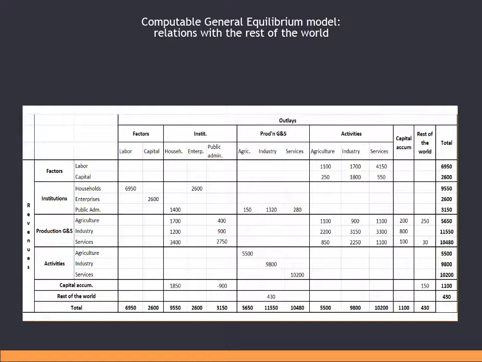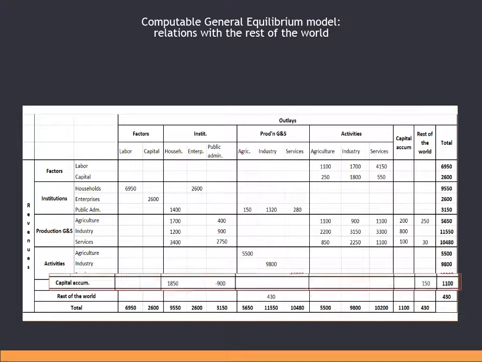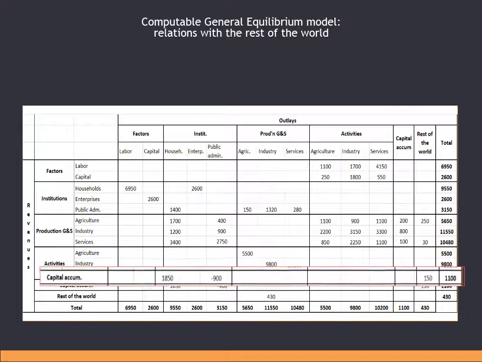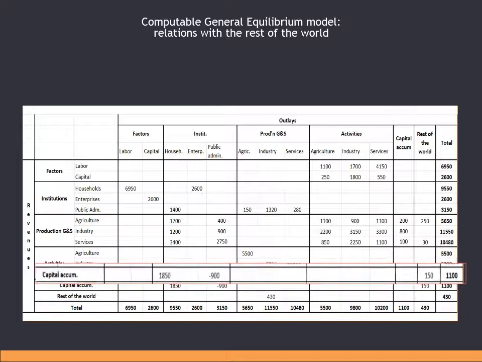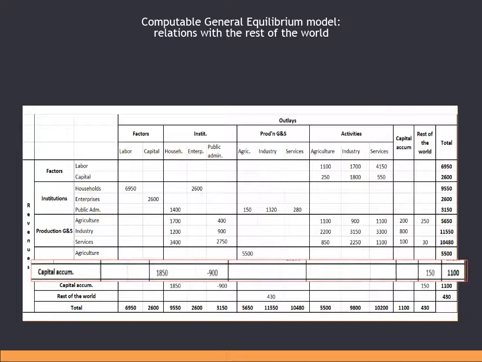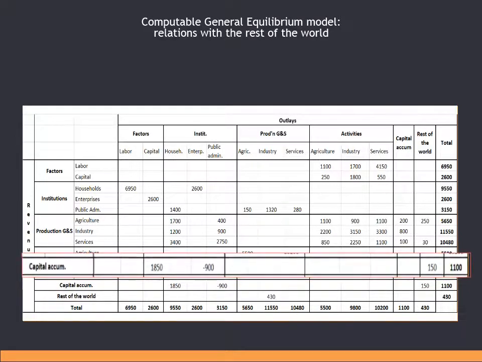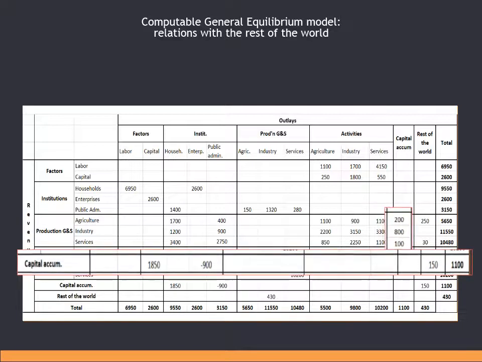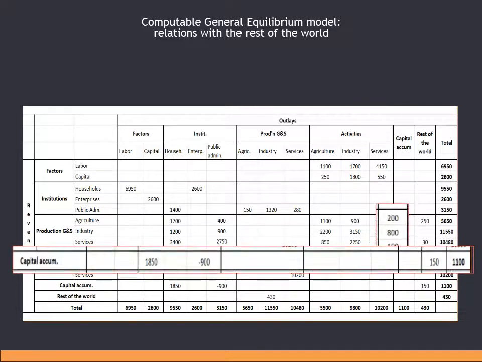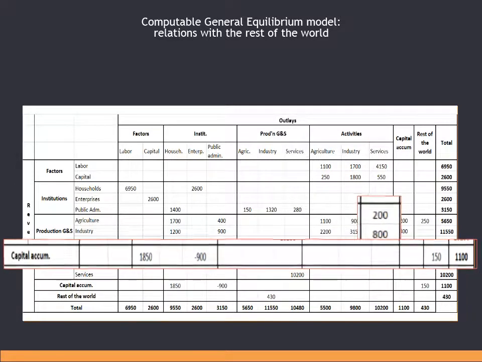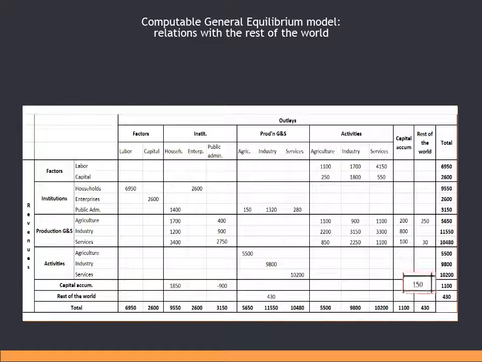If you look at the row accumulation of capital, you see that in fact you've got savings by households, public deficit. And in column, you've got investment, which is also a demand for financing. And you've got also a current deficit of minus 150.